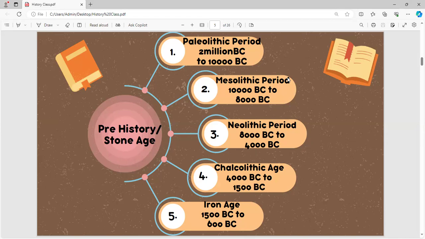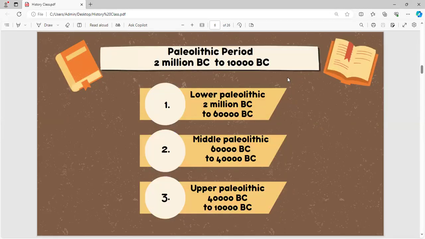This Paleolithic period is also divided into 3 parts: lower Paleolithic, middle Paleolithic, and upper Paleolithic. These divisions are based upon their stone tools. In that period, people used various types of stone tools based on their development and innovative ideas.